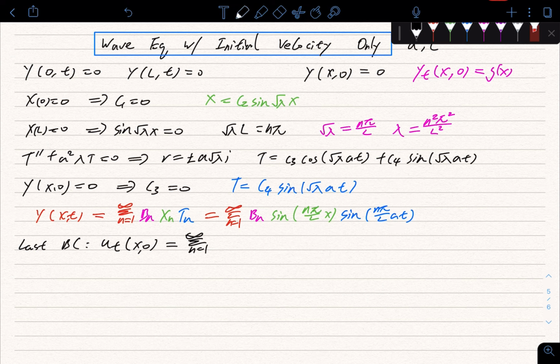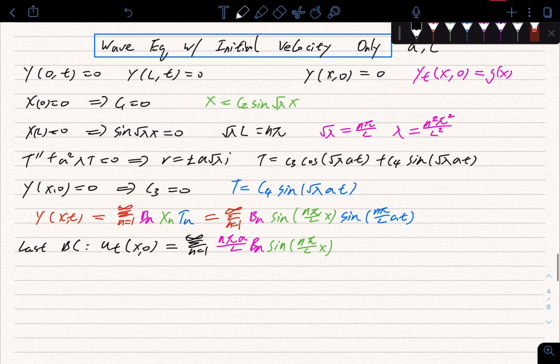So that gives us n pi a over L times bn. The x term does not change, so it's still sine of n pi over L x. And again, if you differentiate the sine you get cosine, and cosine of 0 equals 1. So again, times 1 equals g(x), and that is your initial velocity profile.